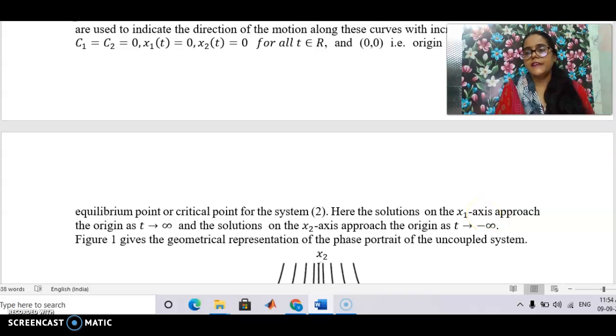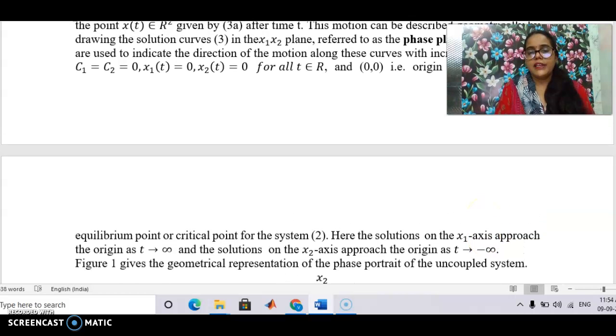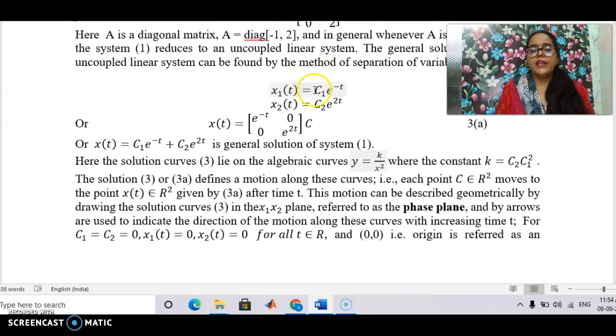अब यहाँ पर देखिए बहुत सिंपल सा तरीका है. इक्वेशन नंबर x1 is c1 e to the power minus t. When t approaches to infinity, what you see? x1 approaches to 0. When t approaches to infinity in x1 equation, x1 approaches to 0.